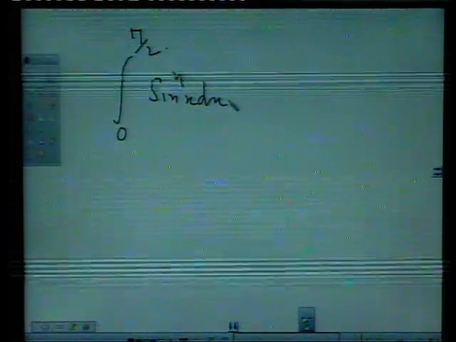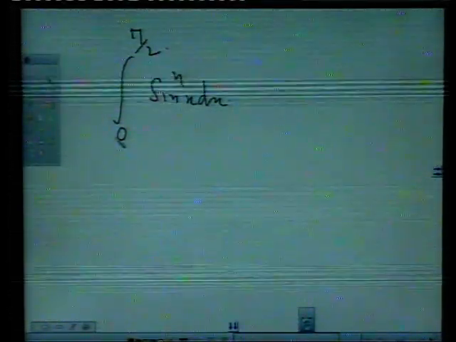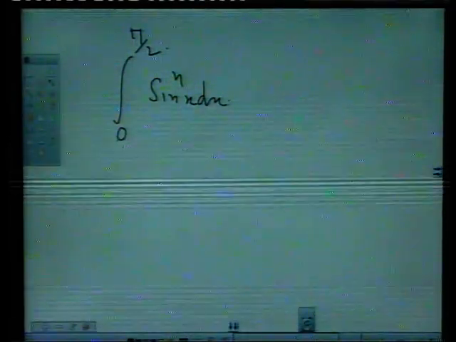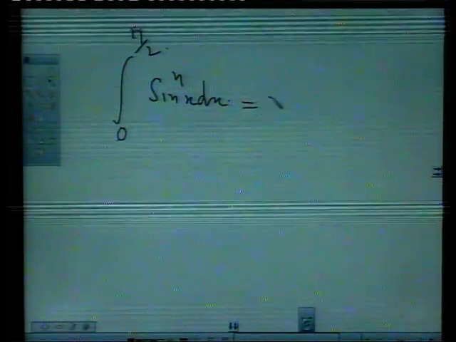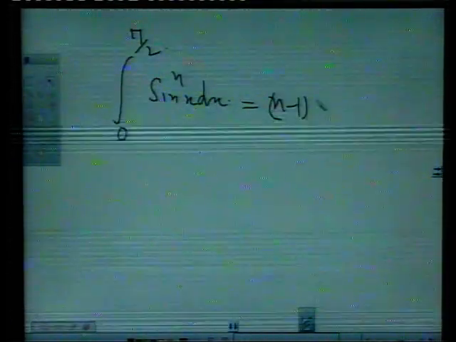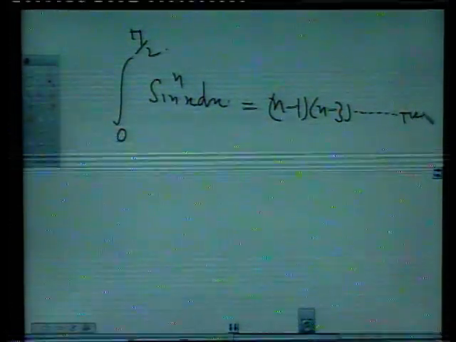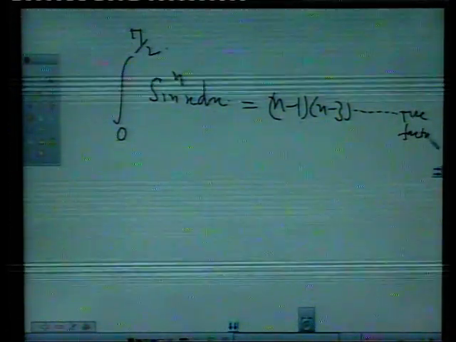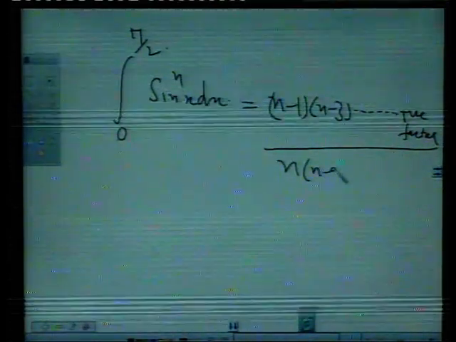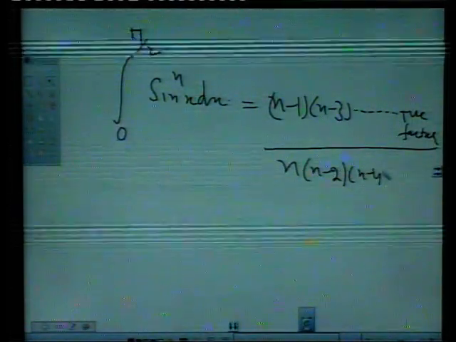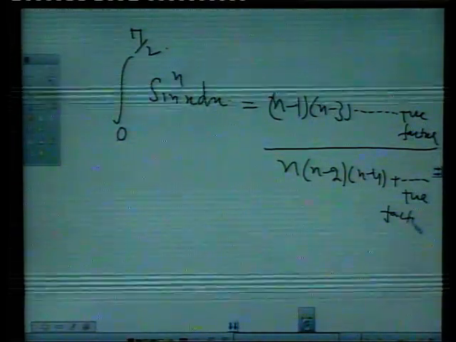Now, the solution of this definite integral with limit x equal to 0 to x equal to pi by 2 is (n minus 1)(n minus 3) and up to the last positive factor, upon n(n minus 2)(n minus 4) up to the last positive factor.